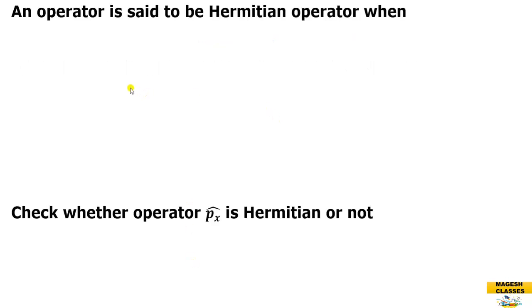What is the condition for a Hermitian operator? The Hermitian operator condition is explained in two ways. One is that the operator is said to be Hermitian if the integral of wave function 1 with the operator acting on wave function 2 is equal to the interchanged one. So this is a condition for a Hermitian operator.